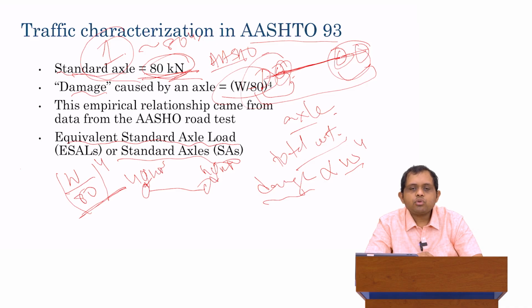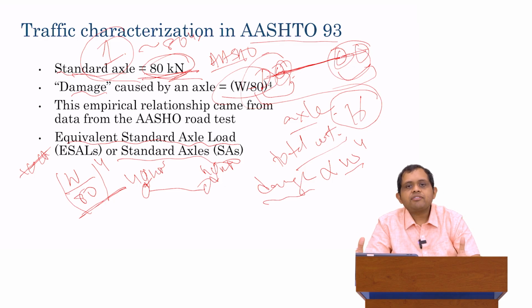If you had an axle of 160 kilonewtons, it caused damage 16 times, and so we assume that one repetition of 160 kilonewtons was equivalent to 16 repetitions of 80 kilonewtons. That's basically how it was done.